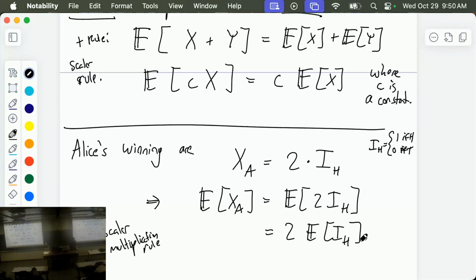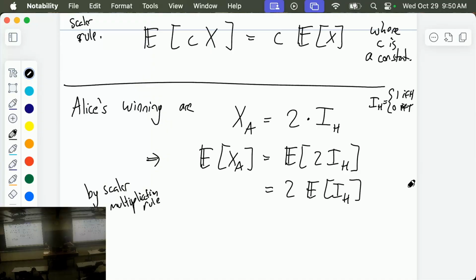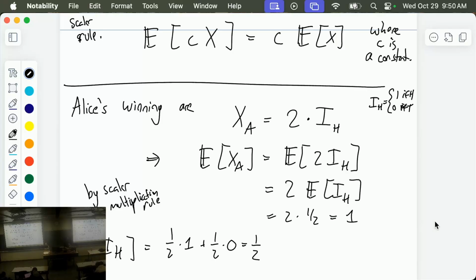These I's stand for indicator. We saw it a few classes ago. These are random variables that are either 1 or 0. And what is an indicator on average? That's quite easy. Half the time it's 1, and half the time it's 0, so the expected value is a half. And so this is 2 times 1/2, which equals 1. So by using the scalar multiplication rule, I can turn Alice's problem into understanding this simple thing.